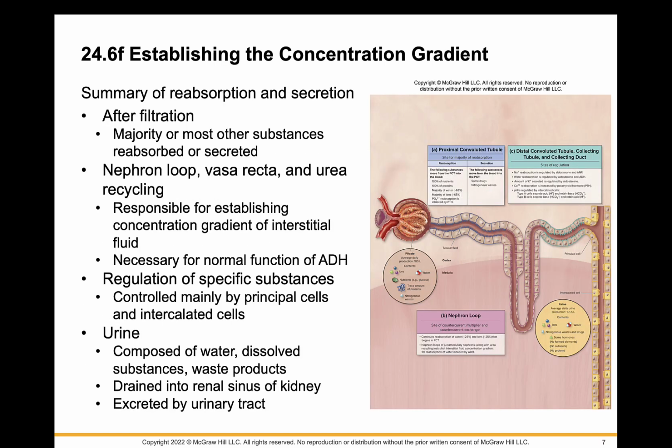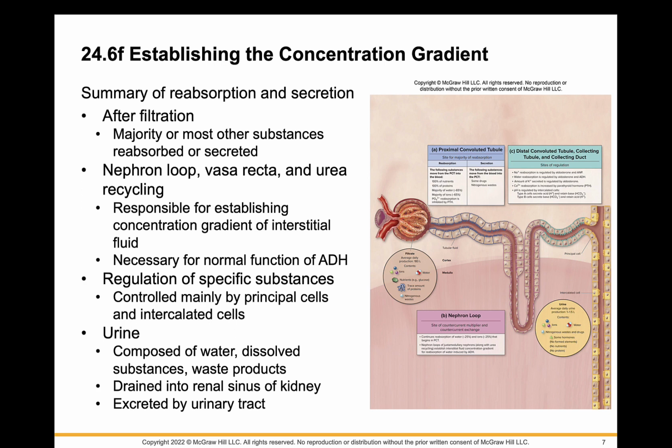Now, this slide here is pretty much providing an overview of what is happening with respect to establishing the concentration gradient, and it really is primarily a summary of reabsorption and secretion. After filtration, the majority of other substances are going to be reabsorbed or secreted. Remember, two things that are not really reabsorbed at a high level are urea, now we know why, and also potassium.